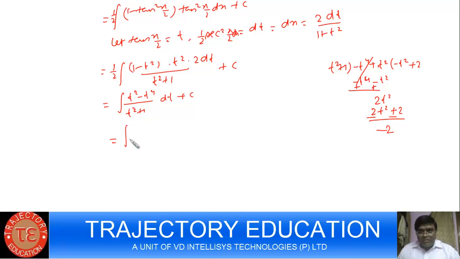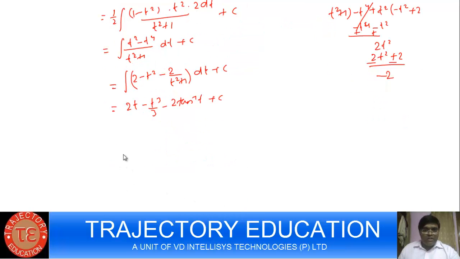So I can write this as the integral of (2 minus t square minus 2 over (t square plus 1)) dt plus a constant. So this can be written as 2t minus t cube by 3 minus 2 tan inverse t plus a constant.